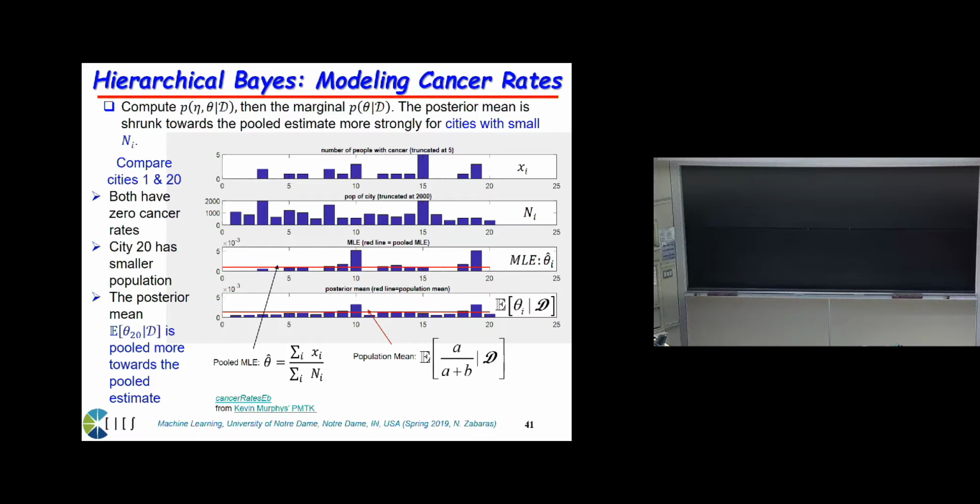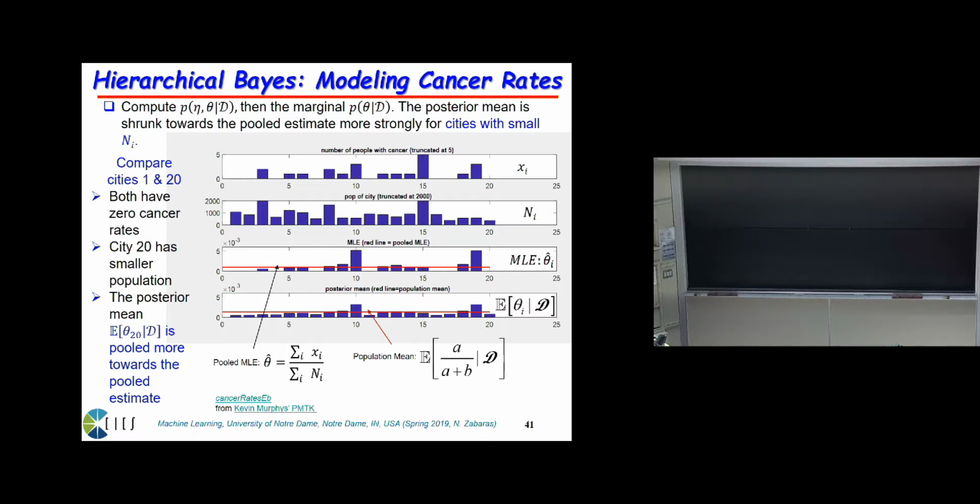And I remind you that for the prior of theta, if it is a beta distribution, the prior mean is alpha divided by alpha plus beta. And that's why I have written this here as the expectation of alpha divided by alpha plus beta given all the data, to emphasize that these alpha and alpha plus beta are computed by maximizing the evidence of the data.